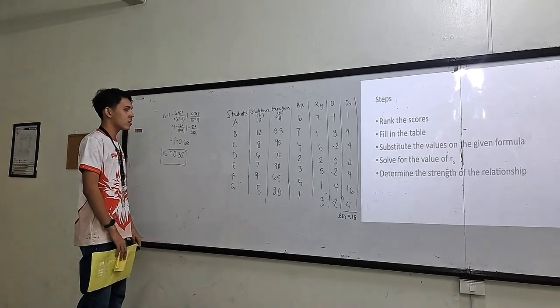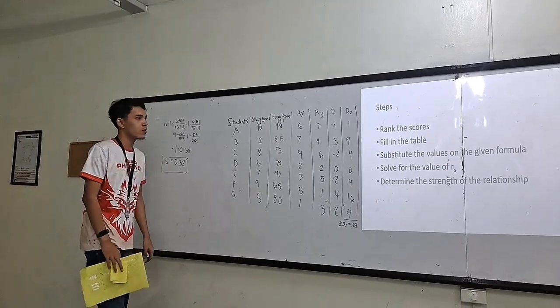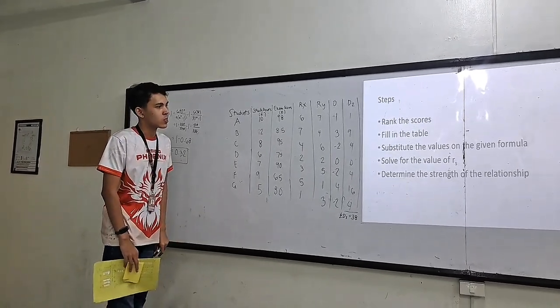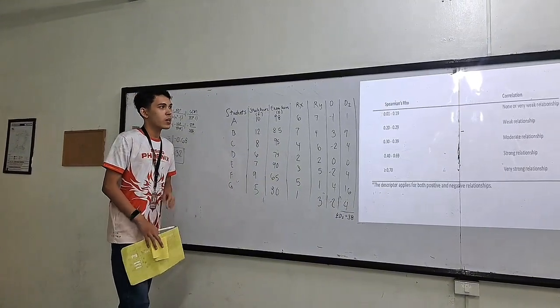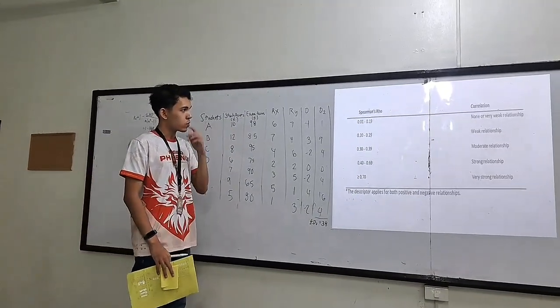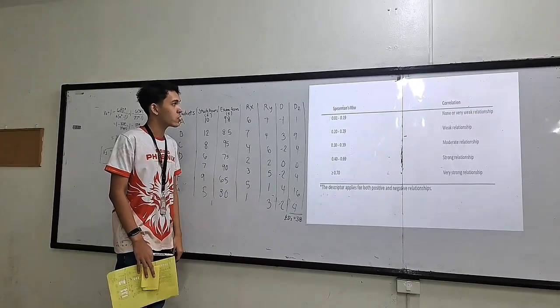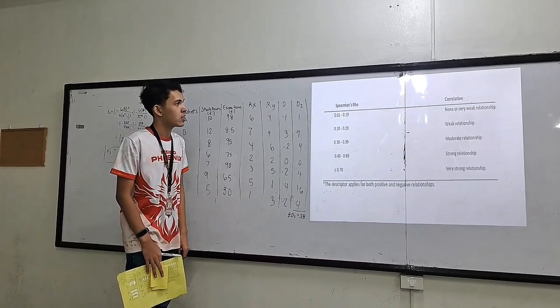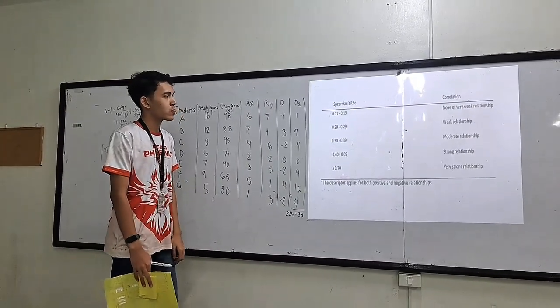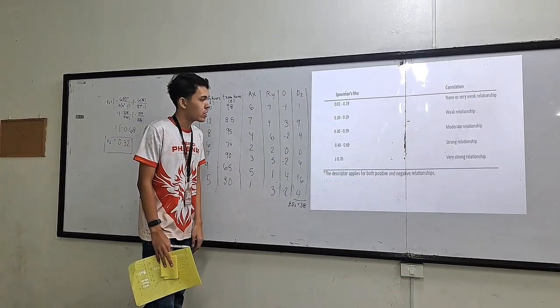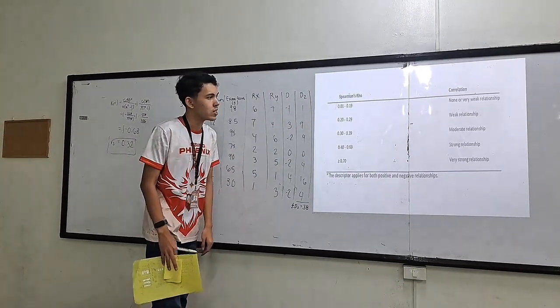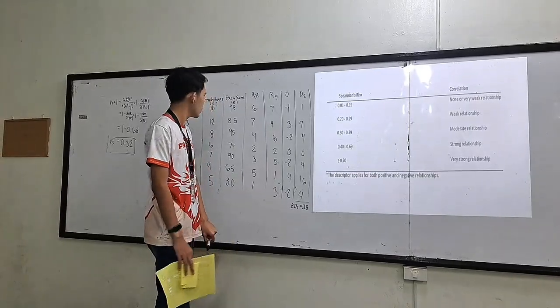So after getting the rho, the next step is to determine the strength of the relationship. We'll base on this table to get the relationship. 0.00 to 0.19 is none or very weak relationship, up to greater than or equal to 0.70, which is a very strong relationship.